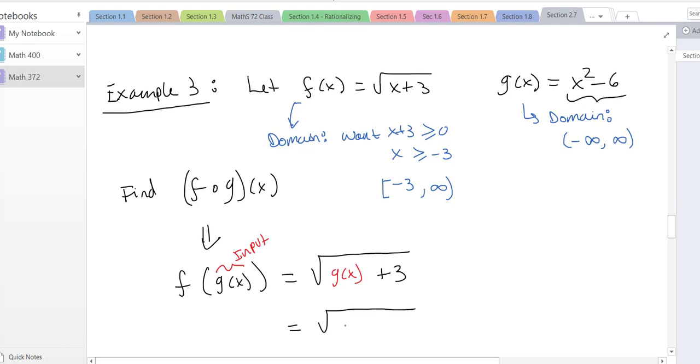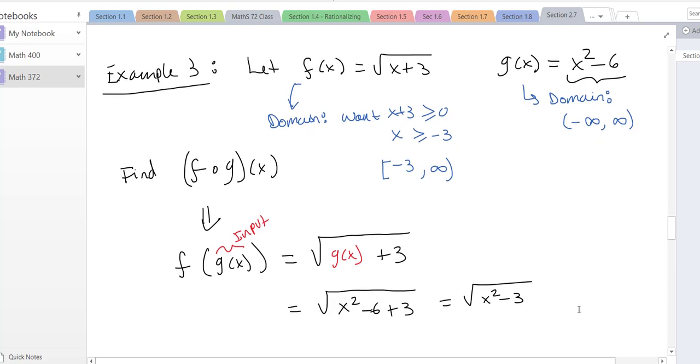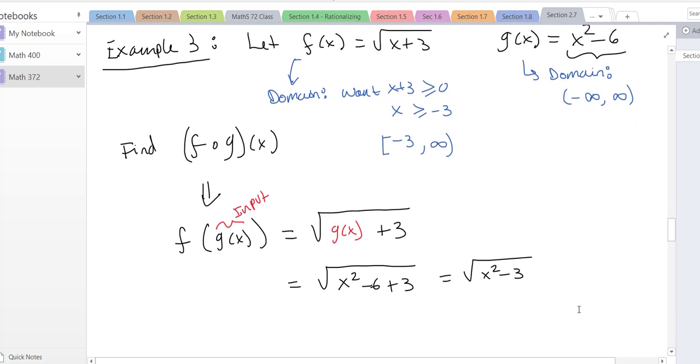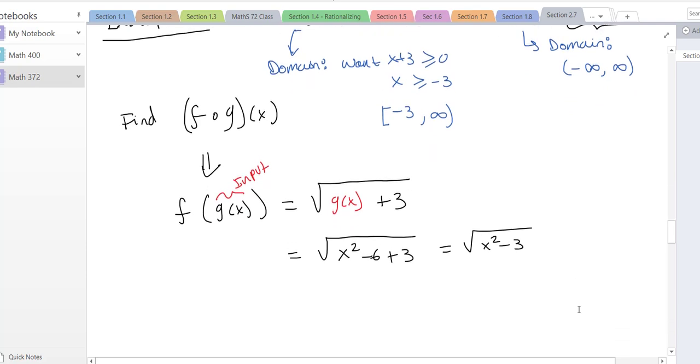So this becomes the square root of x squared minus 6 plus 3, which is the square root of x squared minus 3. And so now how do we find the domain of this?